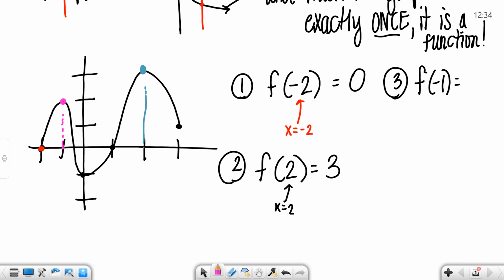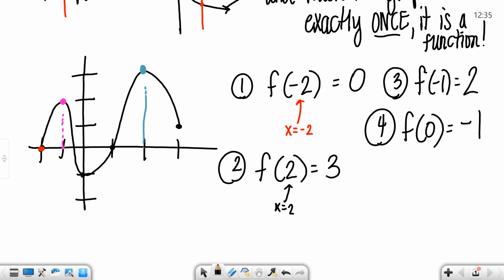There it is. So at negative 1, the y value is positive 2. Let's try one more. What about the value of the function at 0? When x is 0, the value of our function is negative 1.